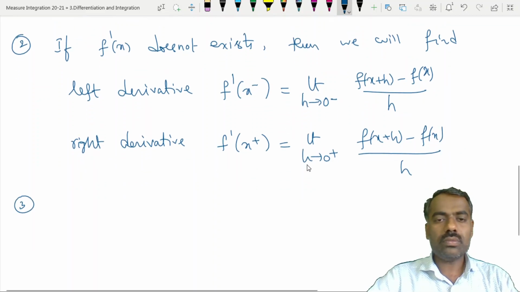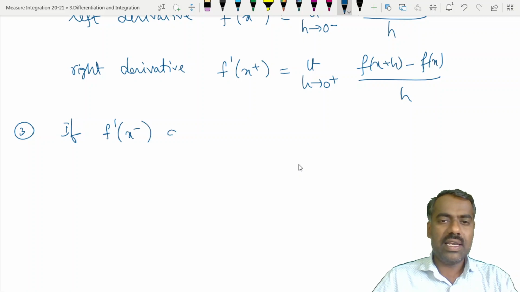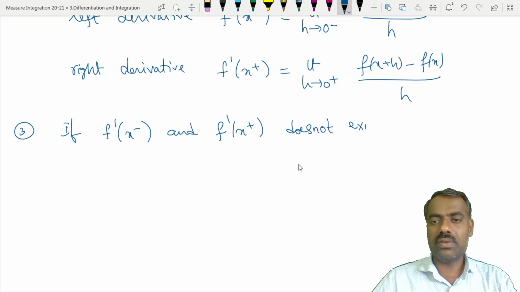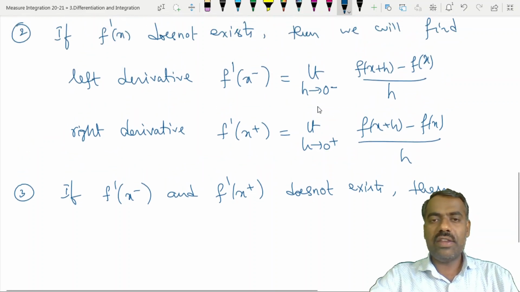Third one, if f dash of x minus and f dash of x plus do not exist, then we can define using limit. These are all defined using limit.